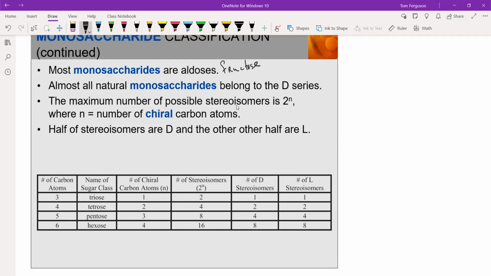So hexoses have 4 chiral carbons that gives 16 versions of that hexose. 8 Ds and 8 Ls.